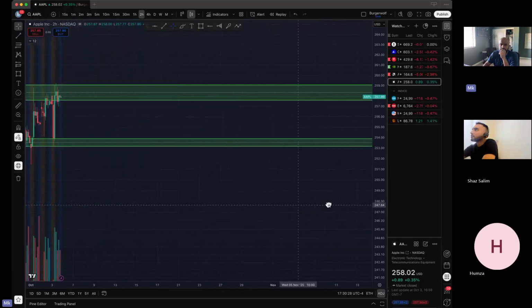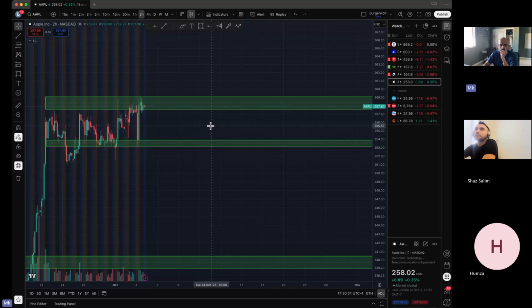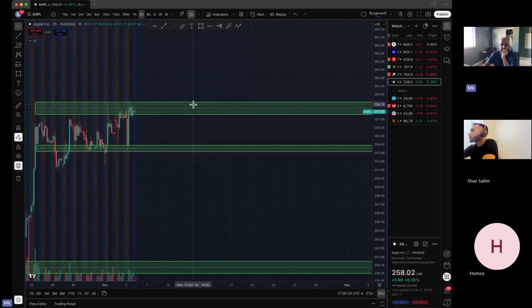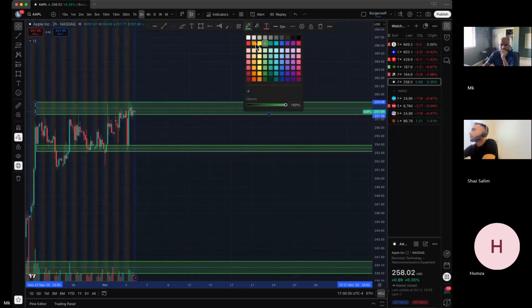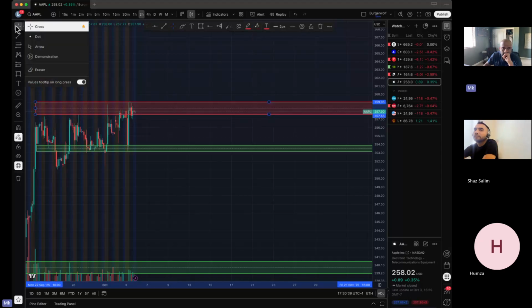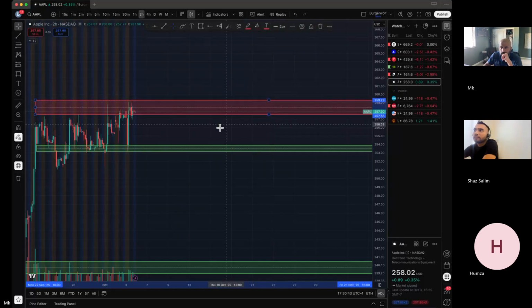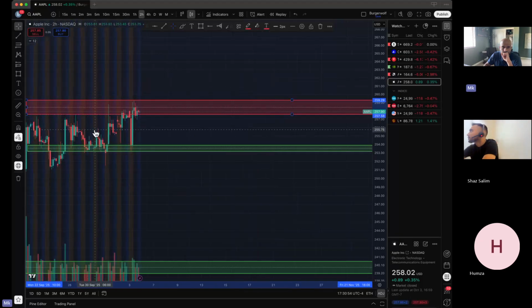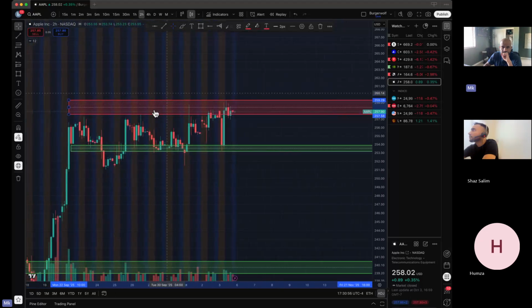So right now we're in range. I still consider this range. The top is going to be 259.29 or 259, down to 257.50. And the reason why it's 257.50 is because of this wick.